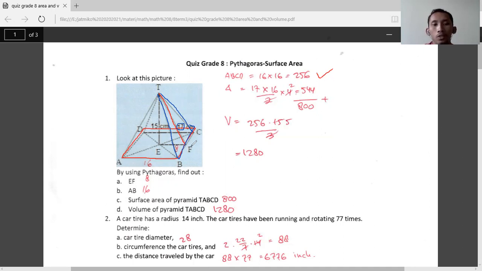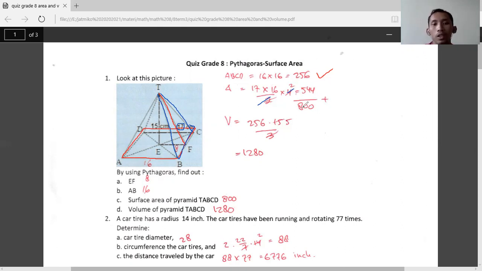So 17 times 16 over 2. This is the formula for a triangle. And then I multiply by 4 because there are 4 triangles. I put it together, so we can simplify 2 with 4, easier to count. So 2 times 17 times 16 is 544.